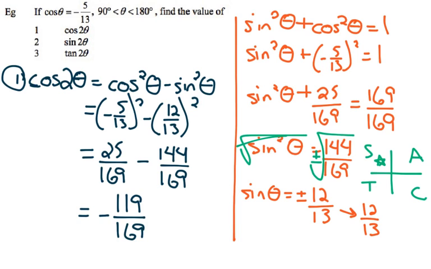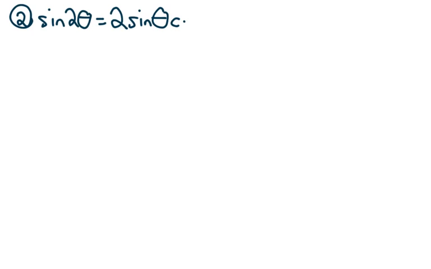Have to flip to the next page to do sine 2 theta. Formula for sine 2 theta is 2 sine theta cos theta. We don't need to find anything before we can use this.